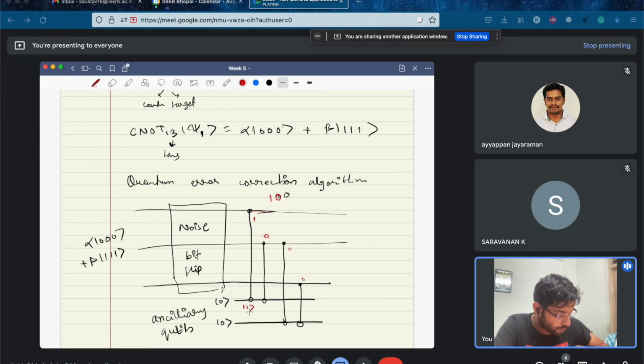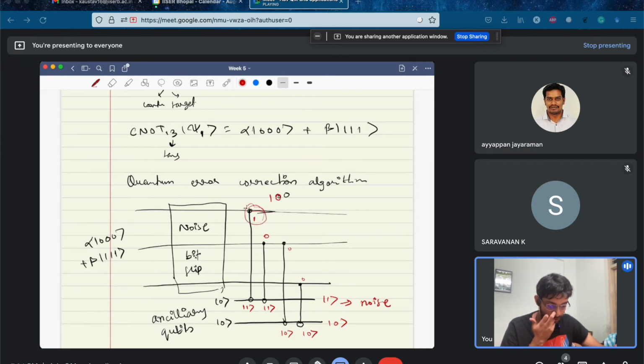After the action of 2, it doesn't get flipped because 0 does not affect anything, right? So it remains in 1. In the second case, after the action of 1, it does not affect anything, and after the action of 2 also it does not affect anything. So that means you have a 1 and a 0, which is not the initial state that you had, and this means a noise is there, or you have some corruption in your first qubit.